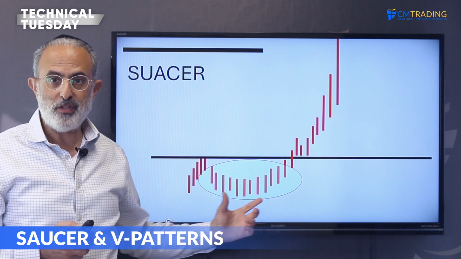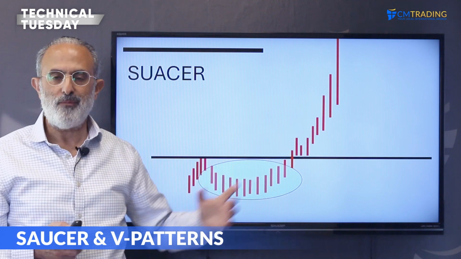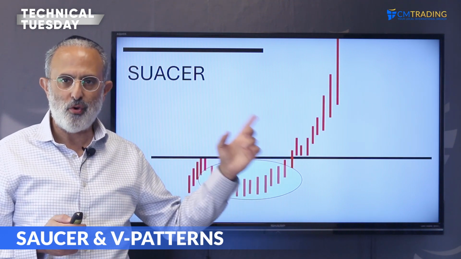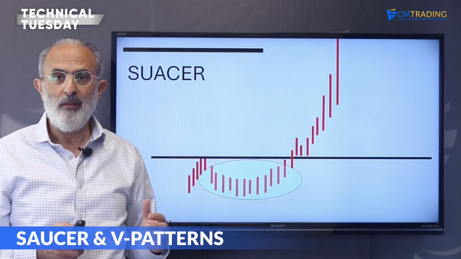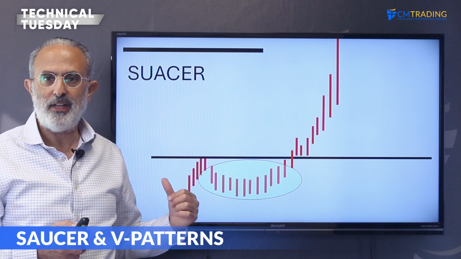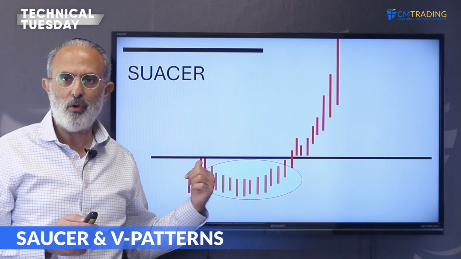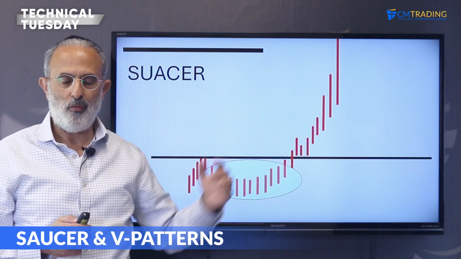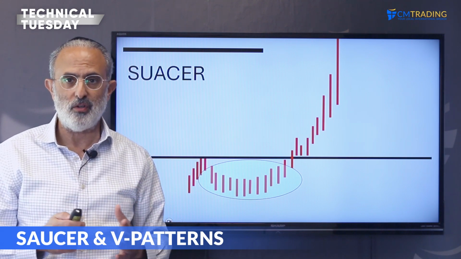It doesn't mean it's going to be an extreme breakout, but it will be a very significant one. In this pattern, it also sets itself up to have a neckline, an area of resistance, and then subsequent support in order for it to break out. Those are two very important elements when looking at a saucer.